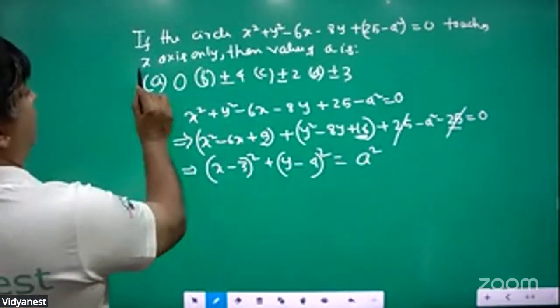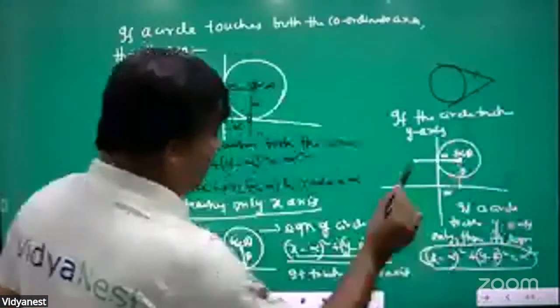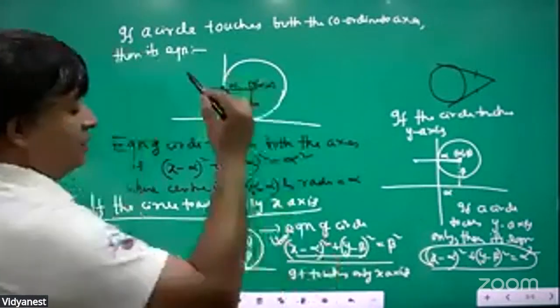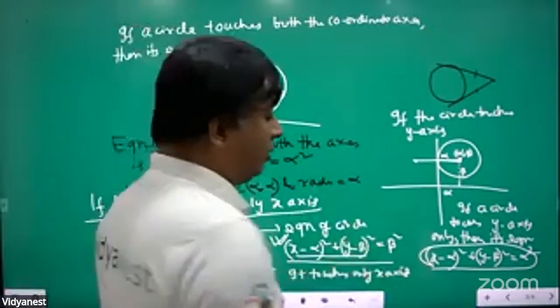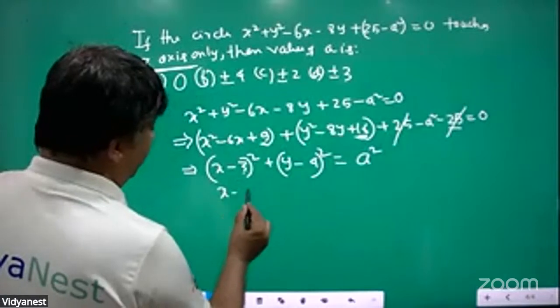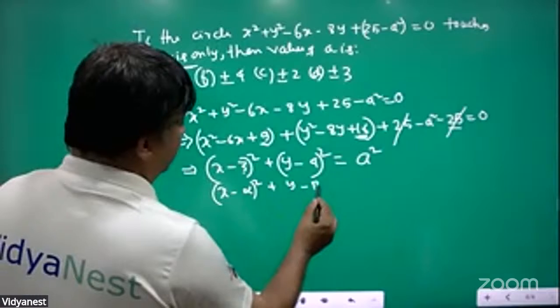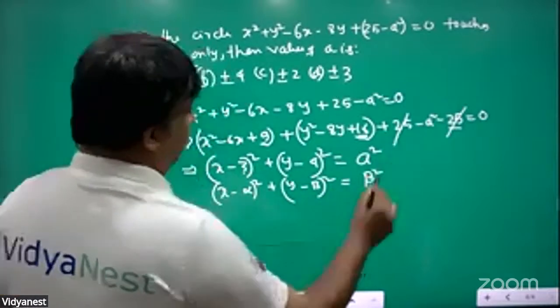Now, it touches the x-axis only. If it touches the x-axis, what form will we use? (x minus alpha) whole square plus (y minus beta) whole square is equal to beta square. So, what is beta? You compare: (y minus beta) whole square is equal to beta square.